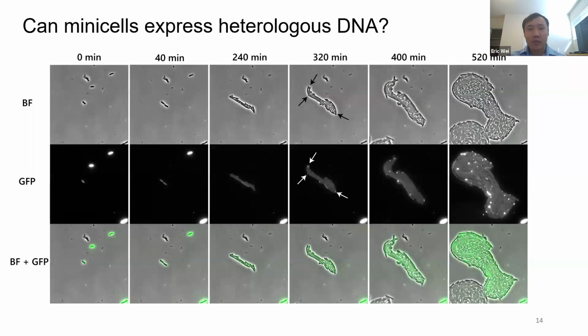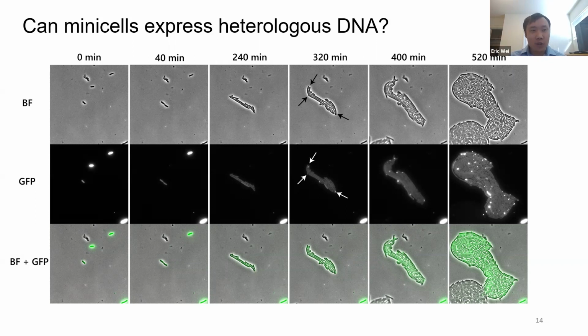In these images, especially in the GFP channel, you can clearly see all these bright hotspots that call out and identify all these mini cells.